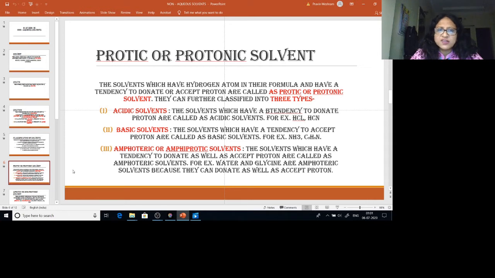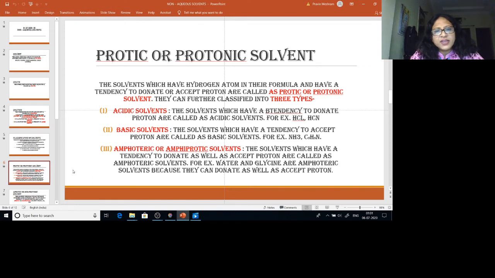Acidic solvents have a tendency to donate protons. Examples are HCl, HSCN. Basic solvents are those which have a tendency to accept protons. Examples of basic solvents are ammonia, C5H5N.